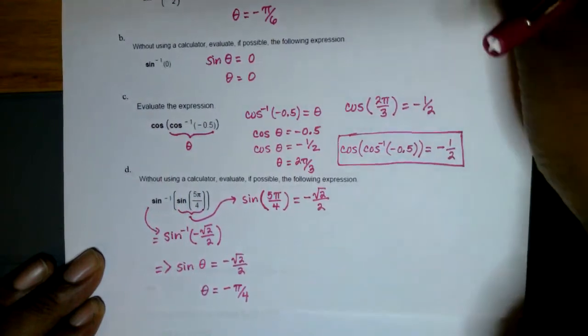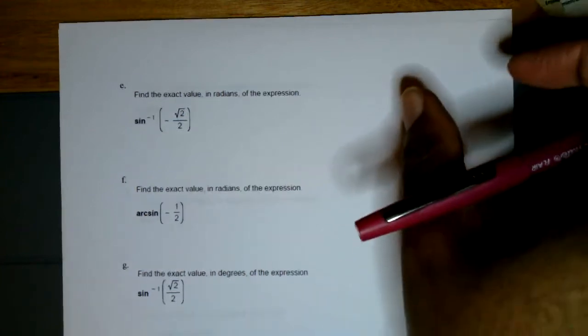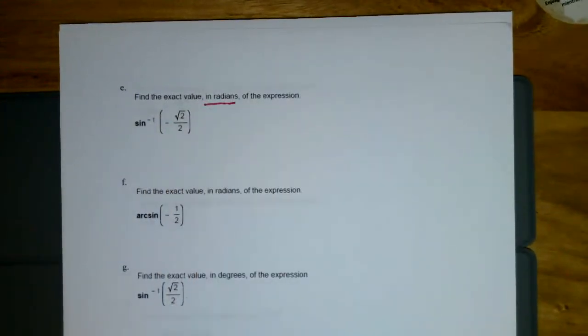Okay. All right, next we'll look at finding the inverse sine of negative square root of 2 over 2. And this is going to be in radians, by the way. Okay. And the key word they tell you, you need to give your answer in radians, nothing else.